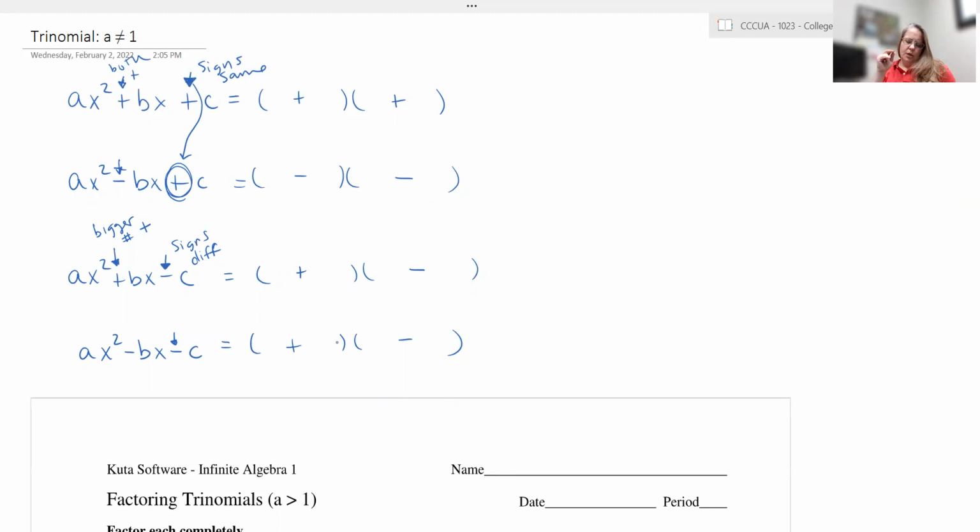One is going to be a way that in the beginning it's wrong, but in the end it works out. And then the other way, you're going to need to be able to factor by grouping. And so I do have a video going over factoring by grouping. So if you need to brush up on that, you can, but ultimately you're going to get to the same answer. And like I said, I'm going to show you both ways.